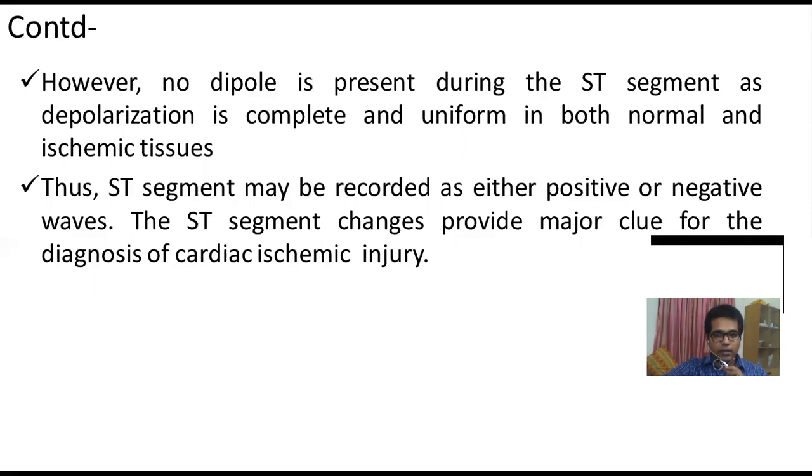But as the TP segment has shifted downwards or upwards, the ST segment may be expressed as ST elevation or ST depression. When the TP baseline is shifted downwards, the ST segment will be expressed as ST elevation. When the TP segment is shifted upward, the ST segment will be expressed as ST depression.